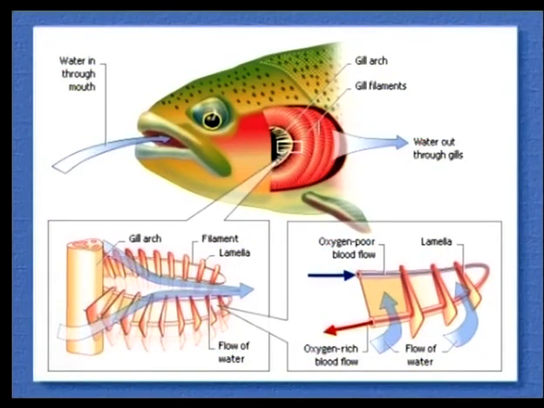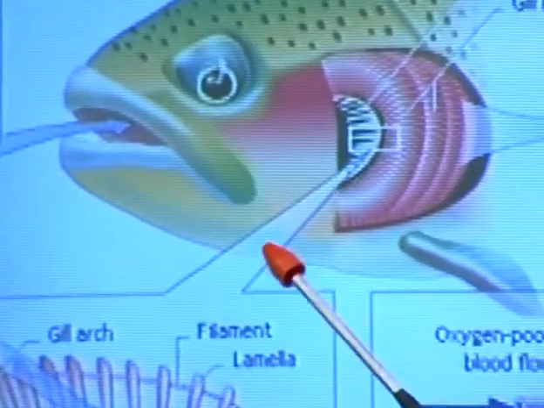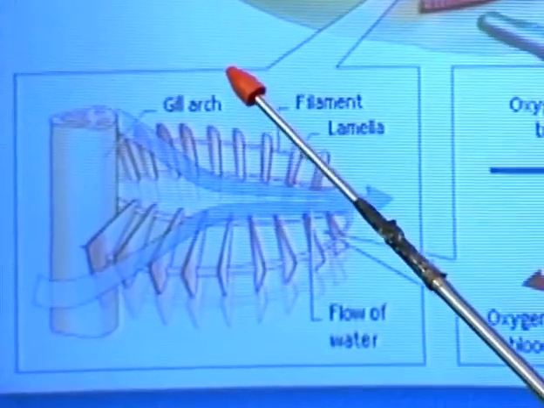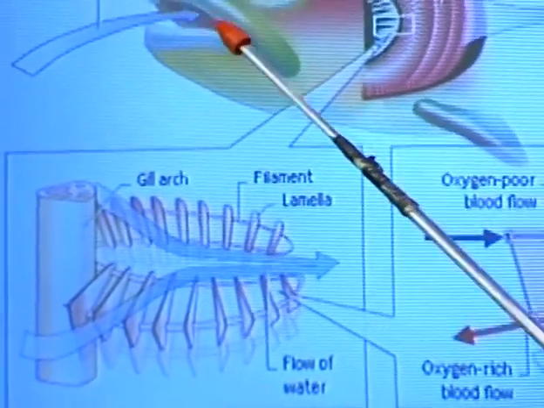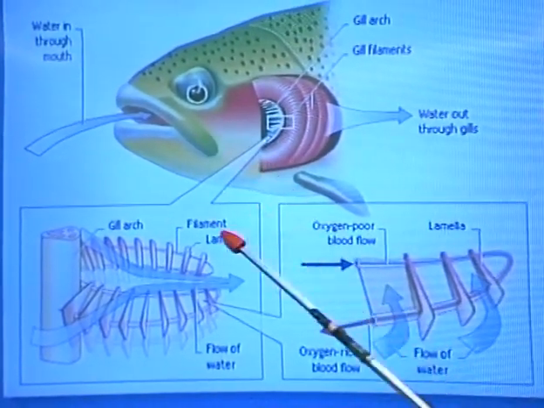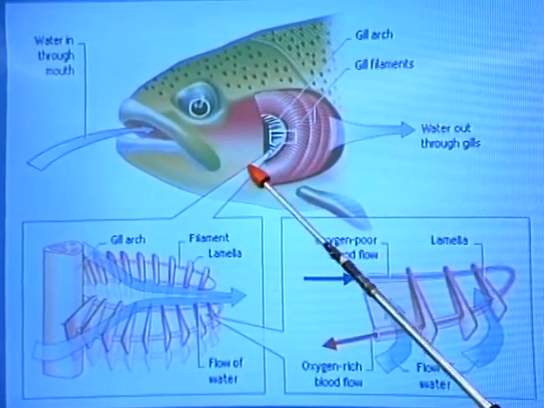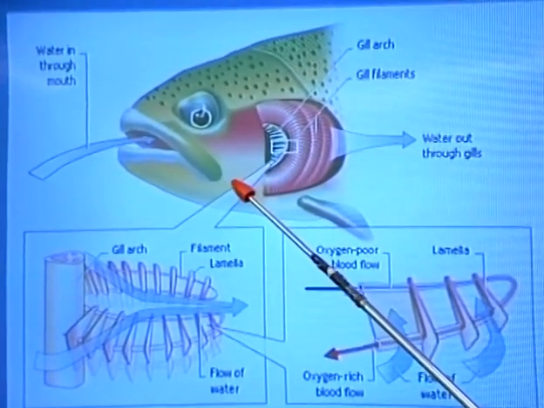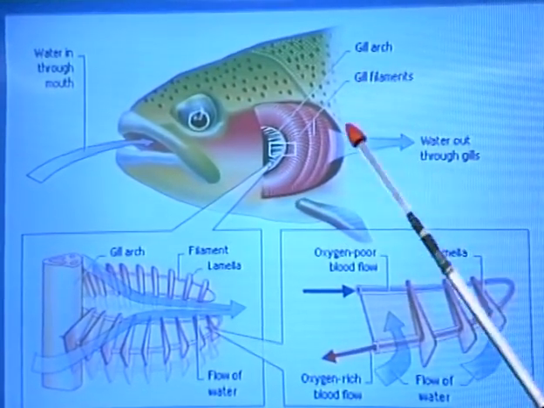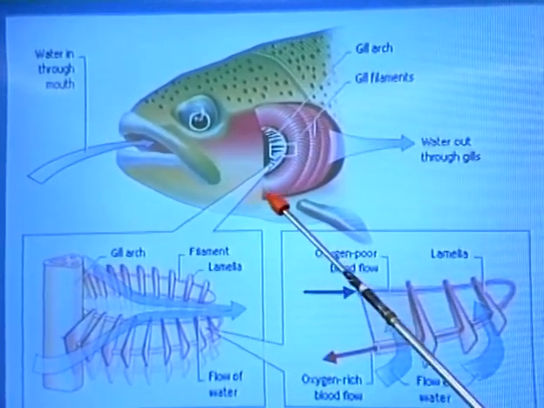Now, fish, while it's in the water, it drinks water in. As it drinks water in, there is oxygen in that water. So when the water comes in with the oxygen, the gills take in that oxygen. And this oxygen goes into the filaments, which are the blood vessels in the gills.